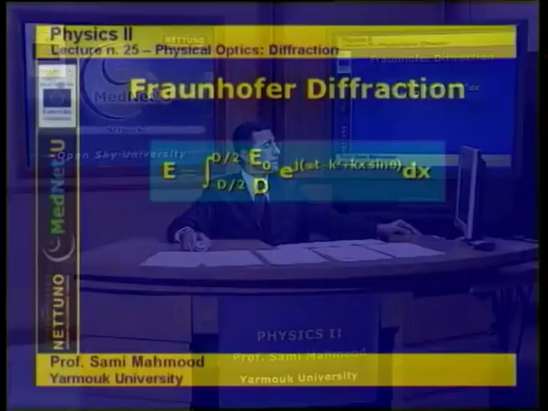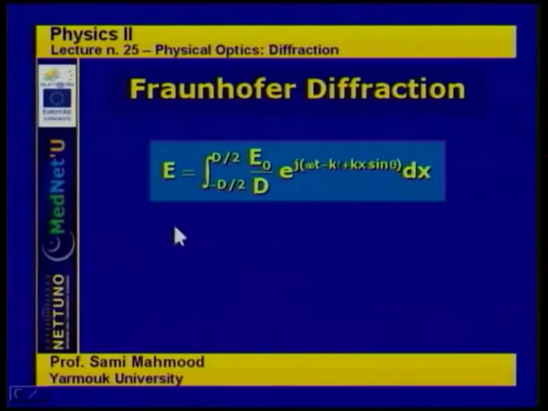by integrating over x. So we have E equal to the integral from minus d over 2 to plus d over 2 of E naught over d times this function that gives the phase of the wave, e to the j, where j is the complex number square root of minus 1, times (omega t minus kl plus kx sine theta) dx.